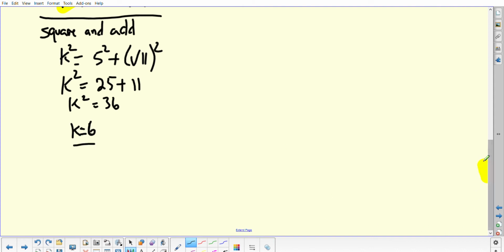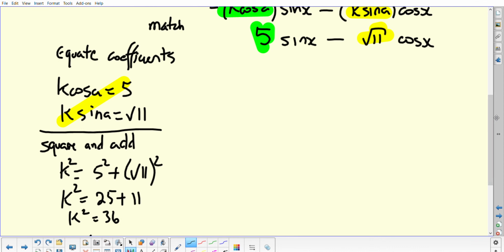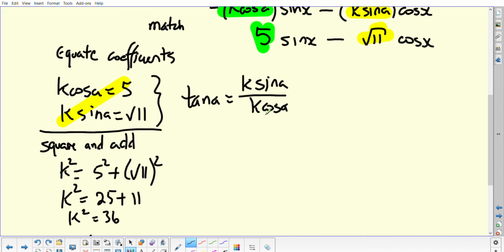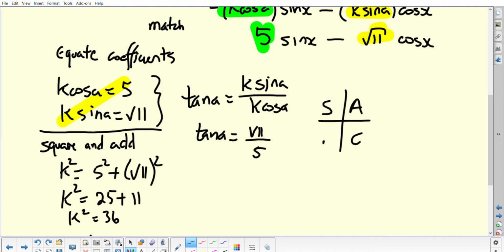Working out your angle, you're going to have tan a equal to your sine over cos, and for us that means it's root 11 over 5, and from that you know that everything is in the first quadrant. By your CAST diagram, if you go through where all the ticks need to be, the one that ends up with a 3 in it is the first quadrant. So you can go to your calculator.